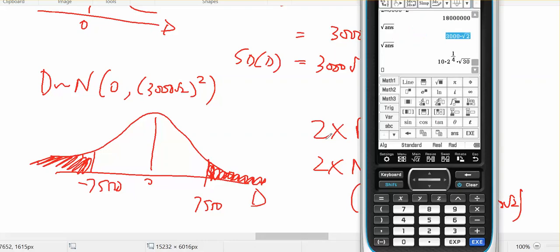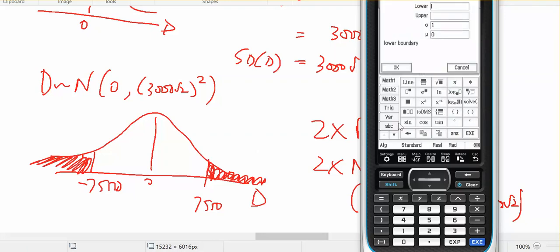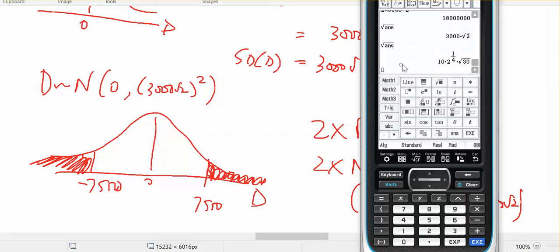So on my calculator, I might grab a copy of the 3,000 root 2, jump into interactive distribution, continuous, normal CDF. The lower is 7500, the upper is infinity. My standard deviation is that, and my mean is 0.